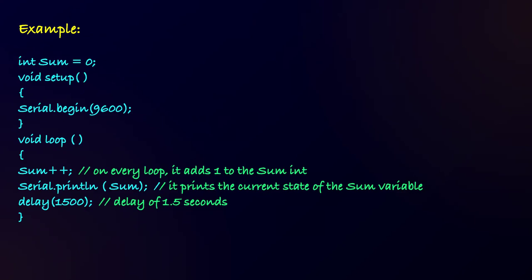All right, this is how it can be used. Now, these are things I have discussed earlier in the earlier sessions, but if you don't remember, let me give you a short recap. Inside the void loop, sum plus plus means sum plus 1.